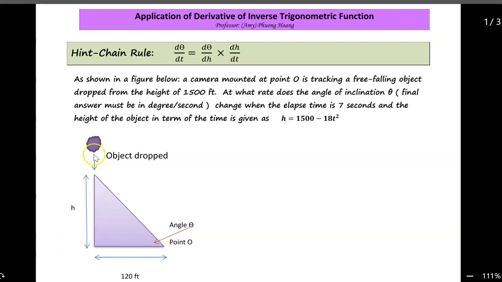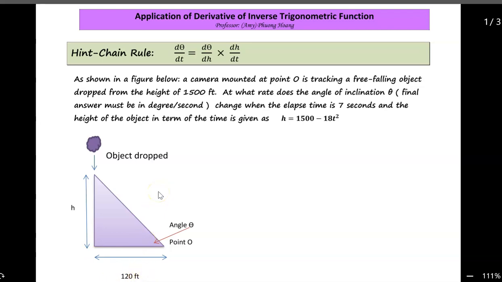Then, according to the movement of this object and the position of this camera, I draw a right triangle like this. Consider this distance is h, and from where the camera is mounted to where the object is dropped or touches the ground, I measure it to be 120 feet.